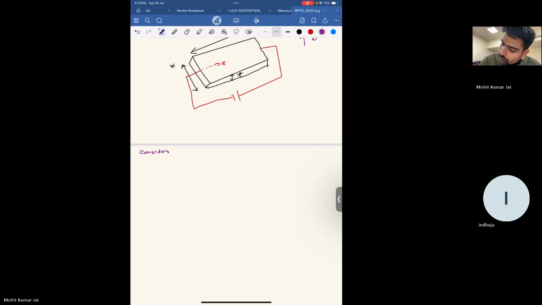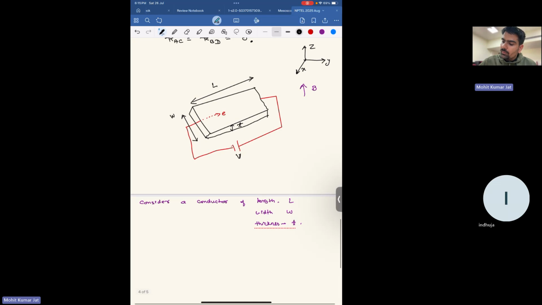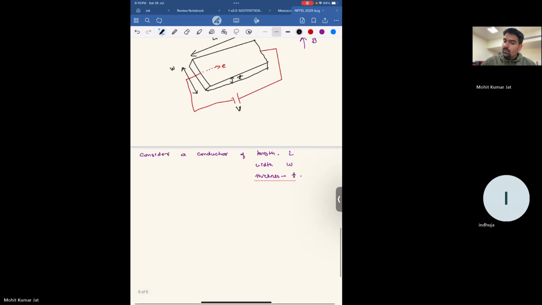Consider a conductor of length L, width W, and thickness T. You apply a bias V in the X direction, because the electron will move from positive X to the negative X direction.